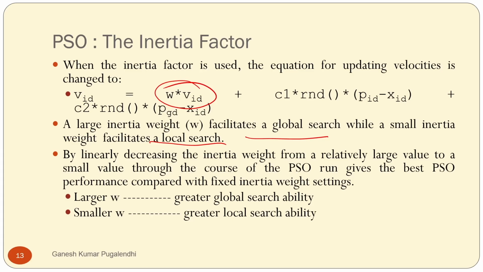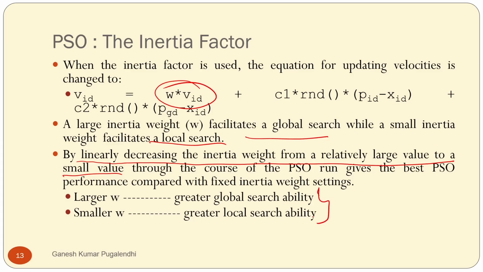When W is treated as a small one, then the local search is very strong. So you should linearly decrease the inertia weight value from a large value to a small value during the course of the PSO run. If that is the case, then PSO gives the best performance. So this is the thing that you should remember.